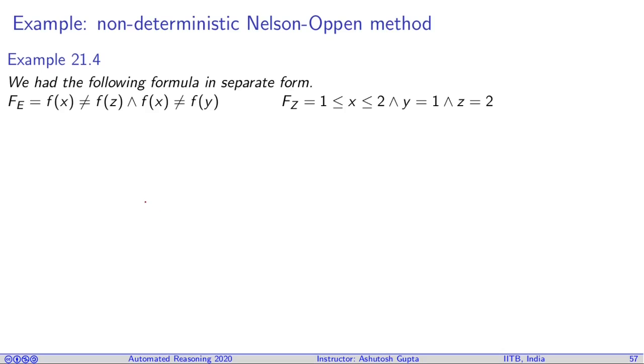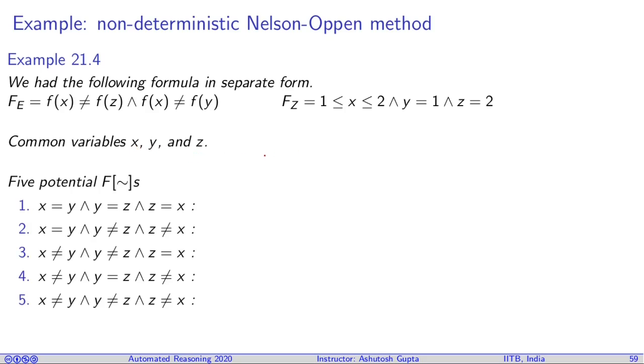So here's an example. Remember that we had a formula that we separated into two parts. Now let us consider them again. The common symbols are x, y, and z, and these are the possible equivalence relations among them. All three are equivalent. x and y are equal, but y, z and z, x are not equal. Similarly, you write down all possible equivalence relations among them.